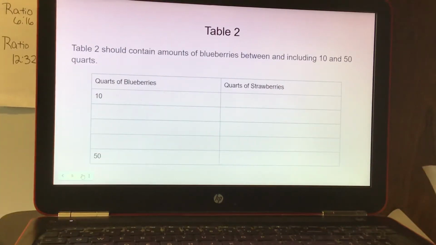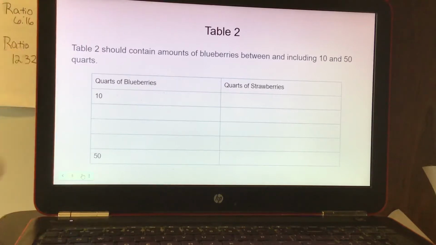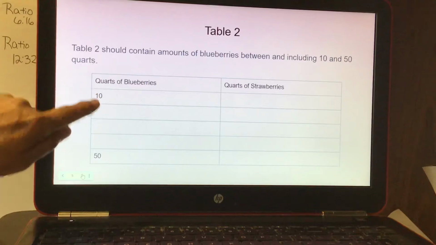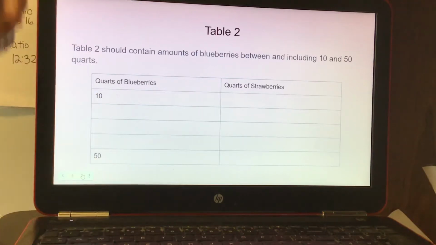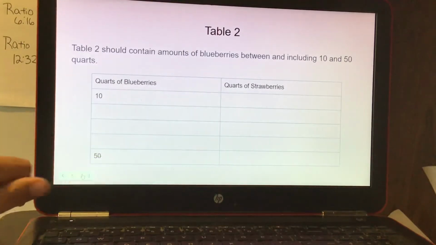Okay, so table 2, it said, should contain amounts of blueberries between and including 10 and 50 quarts. So 10 and then 50. That's how I did it. So for the blueberries, I just did 10, 20, 30, 40, 50. And if there's 10 quarts of blueberries, there's 30 quarts of strawberries.